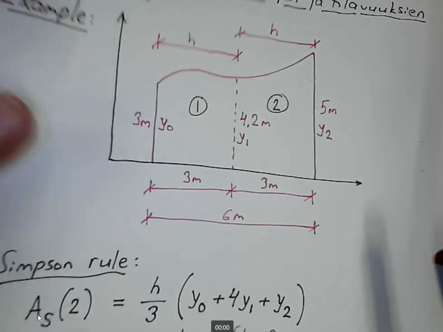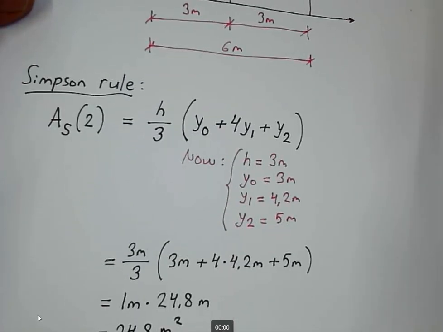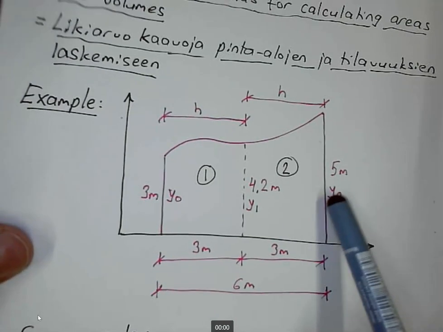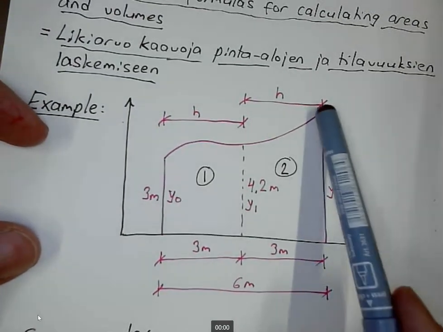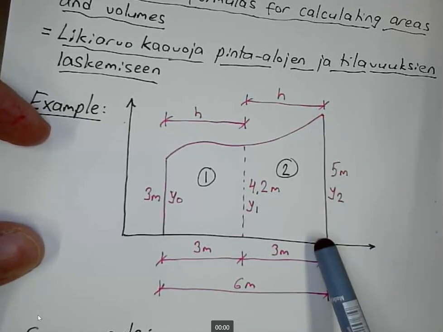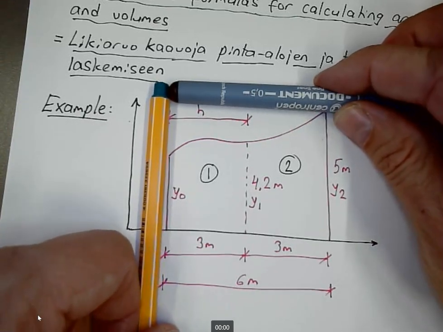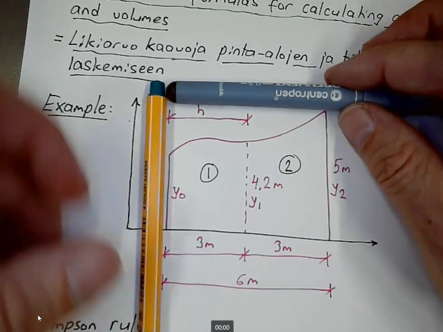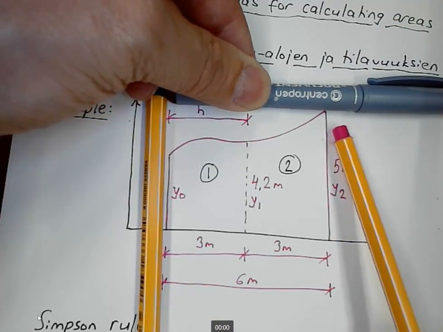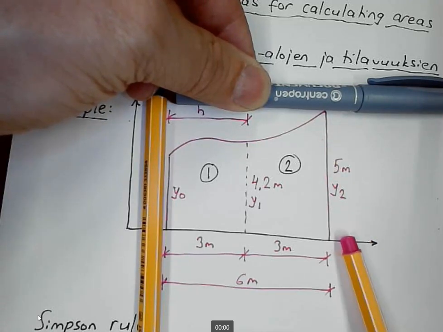We may check this. Does that seem reasonable? We got 24.8. If we think that this would be a rectangle with a height of 5, so it would be something like this, the figure, then the area would be 6 times 5, so it would be 30 square meters.